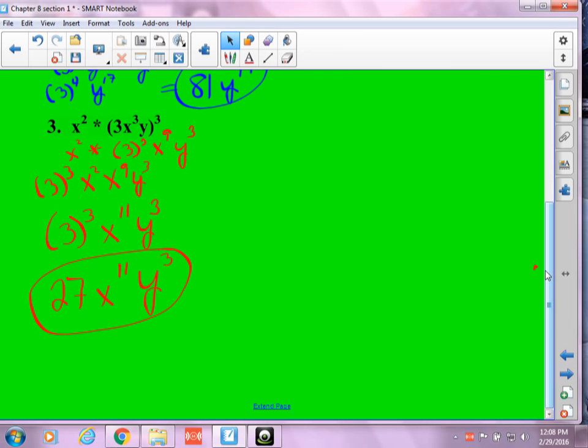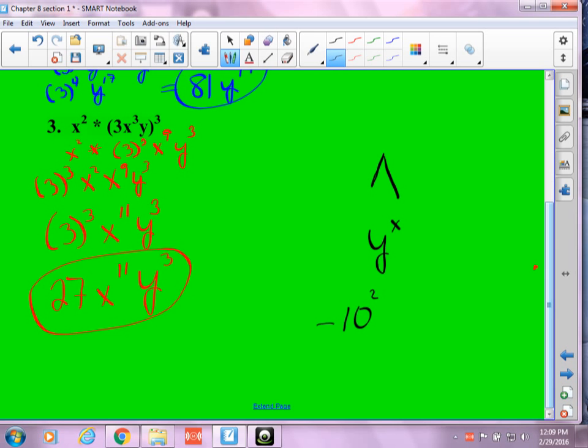Okay? Now, if you have a calculator, there is a key that looks like this, or sometimes it's like this. These are your exponent keys. You've got to be careful in how you do this, though, because I had a student earlier today that had this problem. And it was supposed to be in parentheses, but they didn't put the parentheses in.